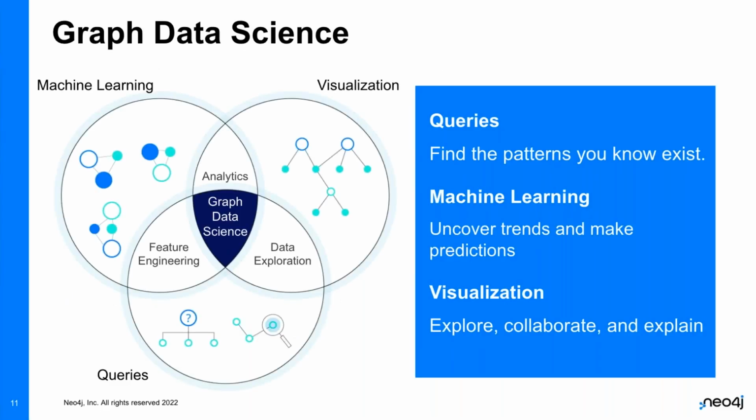So that's the vision of relationship-driven AI, and I'm going to start talking about graphs from this point onwards, because graphs are the data structures that capture relationships.